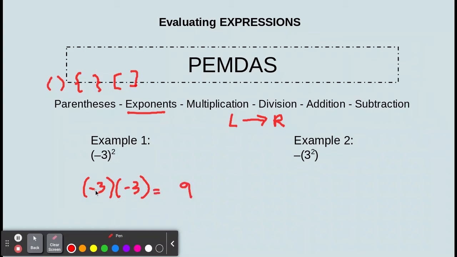It remains positive because they're both negative, same signs, positive. On this one here, we are first going to evaluate the exponent within the parentheses. So 3 times 3, there's 2 of them, which then means it's 9. So then our answer becomes a negative 9 because the negative is outside of the parentheses.